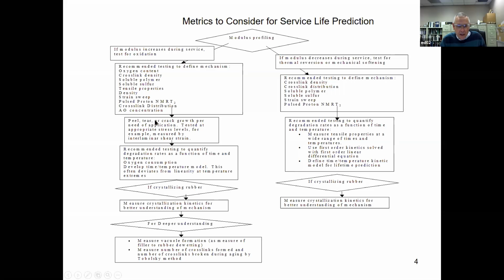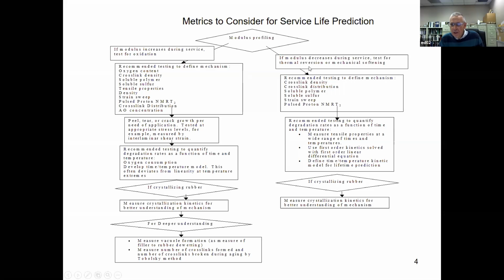And if I need to dive deeper, peel strength, tear strength, crack growth rate, and then further on, oxygen consumption rate, developing a time temperature Arrhenius model, and then asking the question whether the rubber is a crystallizing rubber.